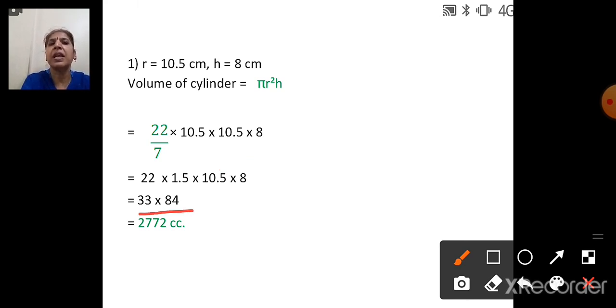So now multiply 33 with 84 and you will get the answer 2772. And what is the unit of volume? It is cubic, and the unit is centimeters, so cubic centimeters. So for that we write cc. So the final answer is 2772 cc.